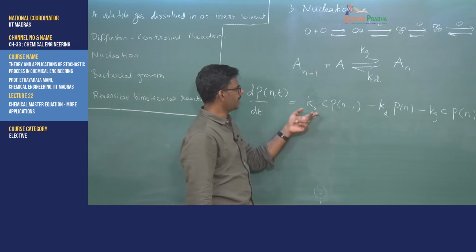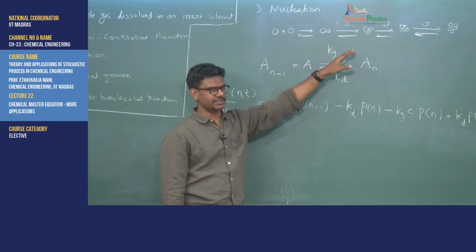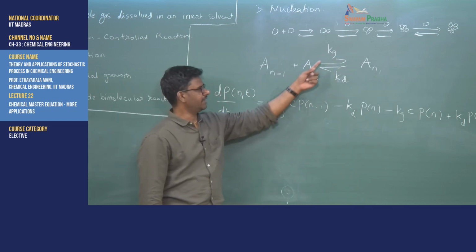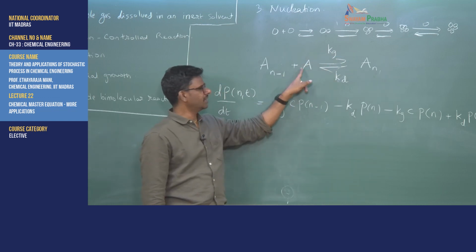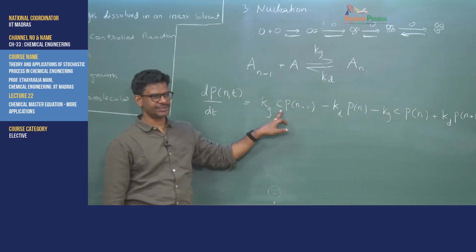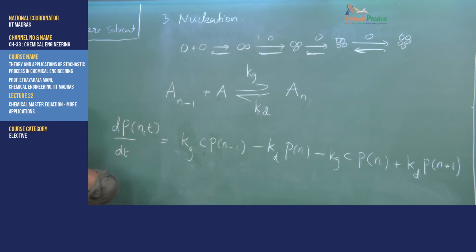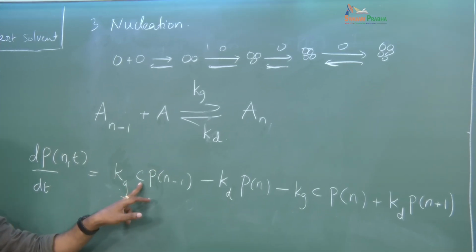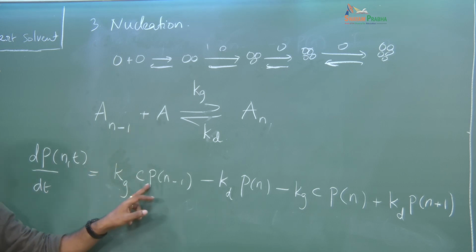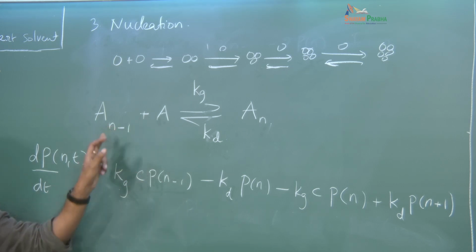This term is the forward reaction, and the forward reaction rate depends on the rate constant K_g. Here we assume that the monomer is in excess, so it can be represented by some concentration. We do not have to track the concentration of the monomer separately. So we have C as the concentration of the monomer, and the probability of finding the cluster of size n minus 1 is this.